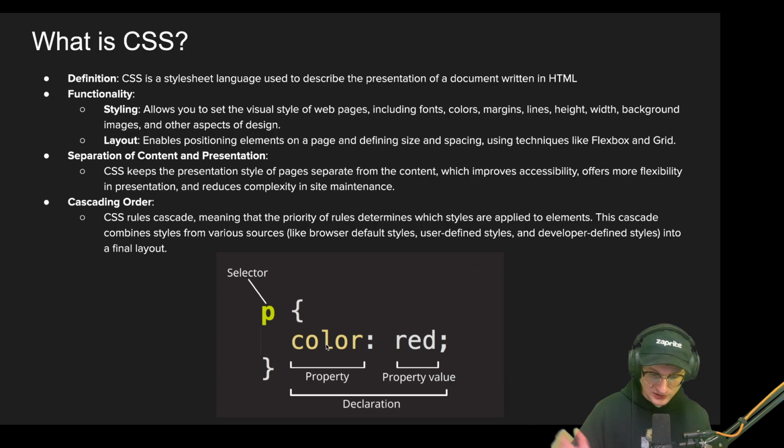And here, obviously, we're just saying that the color is red. So pretty simple. There are different properties like color, and those different properties will have different values like red. We might have a property like width, and width may be able to be 200 pixels, or it may be able to be 20%, right? So there are all sorts of different values that you can apply to make things super custom.